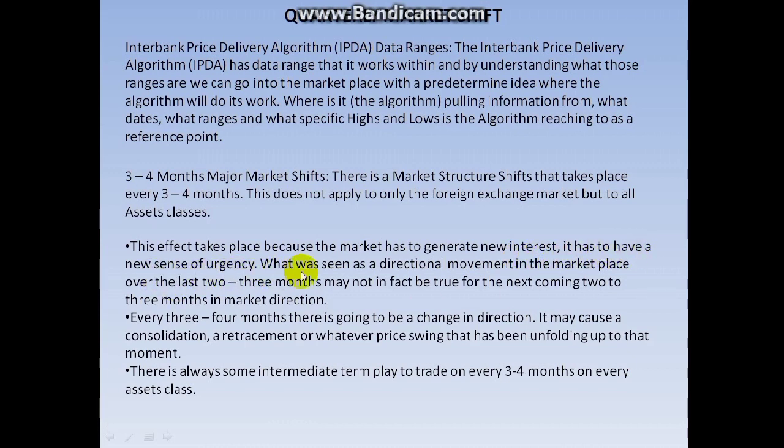What was seen as a directional movement in the marketplace over the last 2 to 3 months may not in fact be true for the next 2 to 3 months of market direction. Every 3 to 4 months there is going to be a change in direction. It may cause a consolidation, a retracement, or whatever price swing has been unfolding up to that moment.